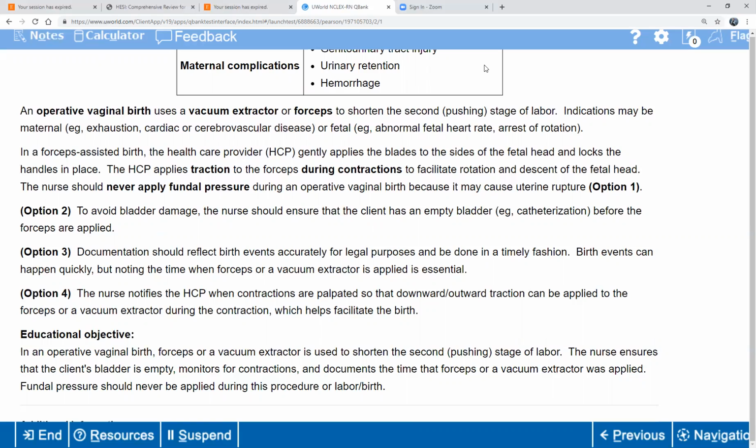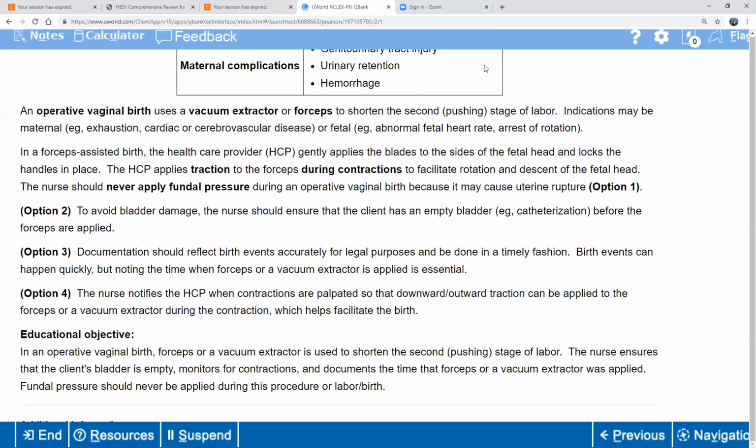Okay. And number 4, you're going to notify the physician when contractions are palpated, so that traction downward and outward can be applied to the actual forceps. So you'll be palpating for the contractions while the physician applies the forceps, and then you'll say, mom's having a contraction, and at that time the physician is going to apply pressure to the forceps or to the vacuum, because normally in a birth, mom would push during the contraction, right?